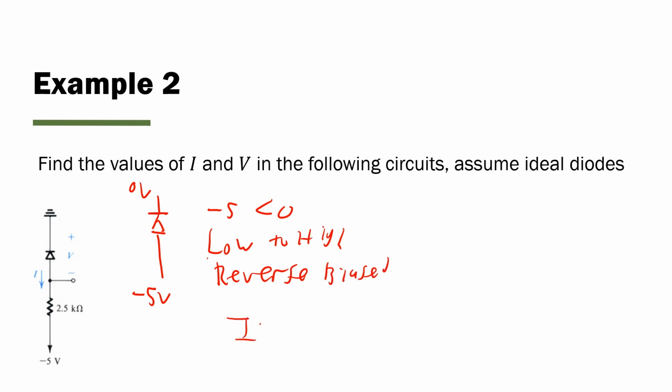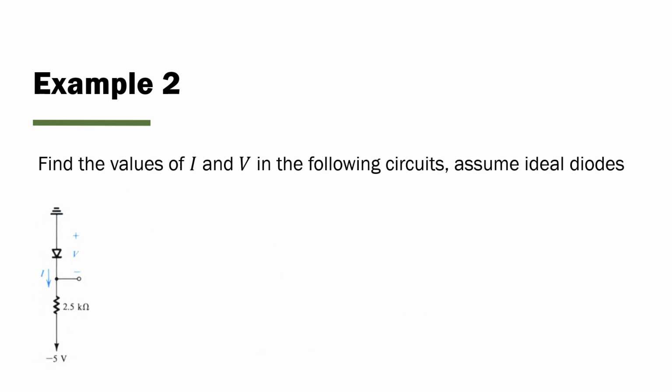So again, I can immediately state that the current equals 0. And this diode will consume the entire voltage drop from 0 to negative 5. So that's a 5 volt drop from 0 to negative 5. Okay, this should be the last one.